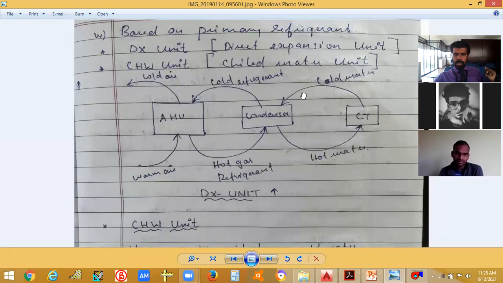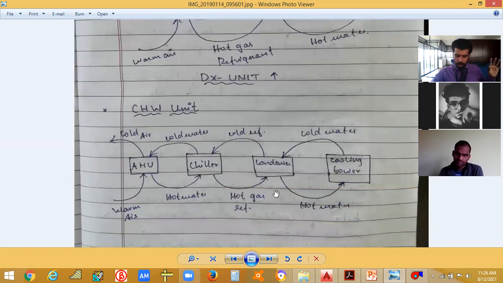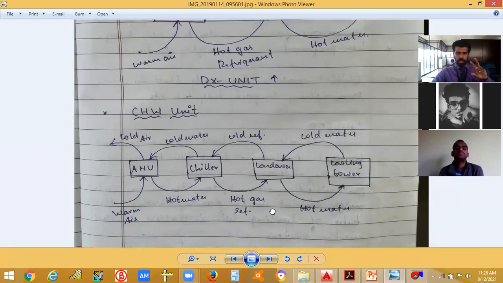Write this DX unit and write this. Here the chiller and condenser will be a single unit with two operations. Okay, chiller and condenser will be a single unit with two different operations.